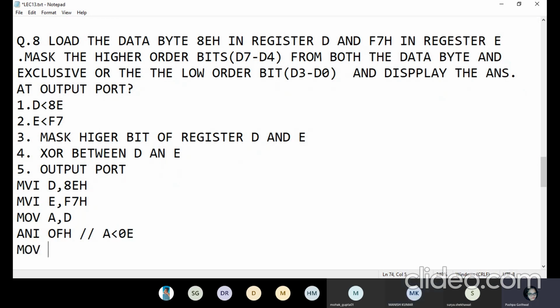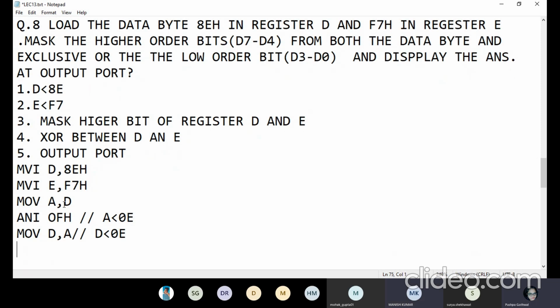So I am copying this value into register D: MOV D, A. Right now my D register contains the fresh value 0EH. Now I have to mask this one. So what do I have to do next? MOV A, E.